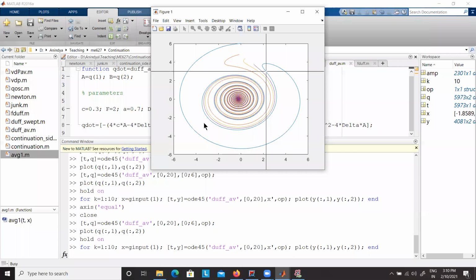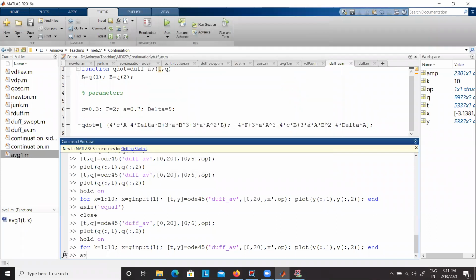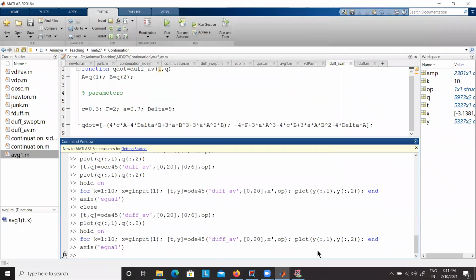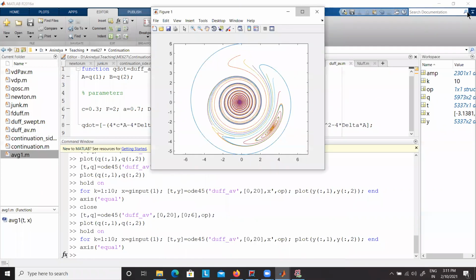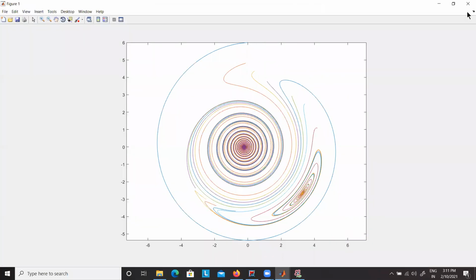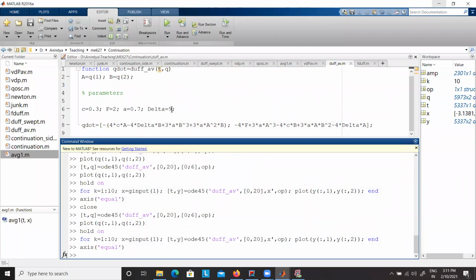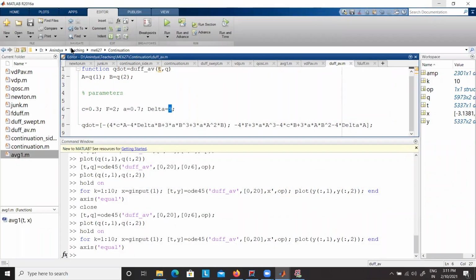If I use axis equal and make it bigger, you will see that it is coming closer. They are coming closer. That means maybe I have to use a very large value. Okay, so I'll use a very large value. I don't have too much time, but where do you think it might be? Let's try 16. Okay.